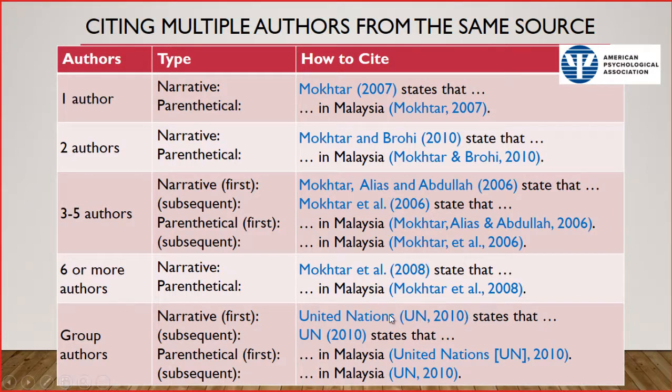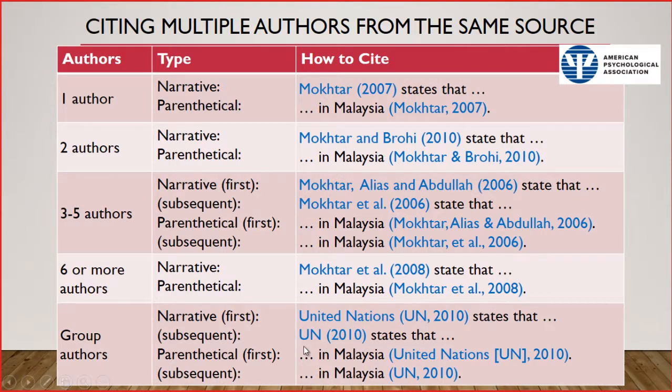So this is the first occurrence. For the second occurrence and beyond, if you use the same article in the same document, you do not have to type United Nations, just UN 2010. So this is for second, third, fourth, and so on. The first time, United Nations, with UN in the bracket.